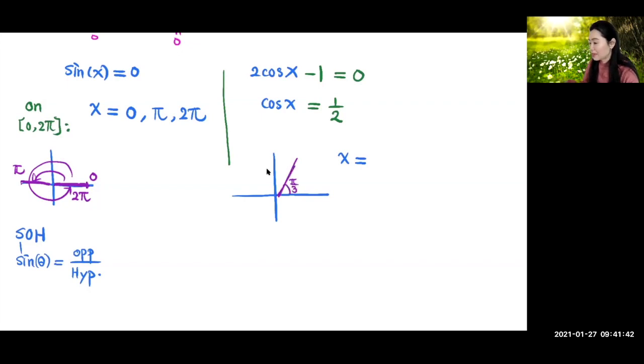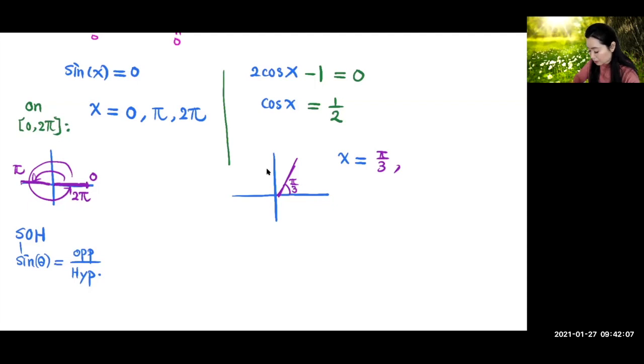I'm going to maybe help you to remember those special angles. How do you remember sine, cosine, and tangent? I can make a video to tell you some tricks to remember, okay? So pi over 3 is one of them. And what else? Cosine is what? SOHCAHTOA, right?